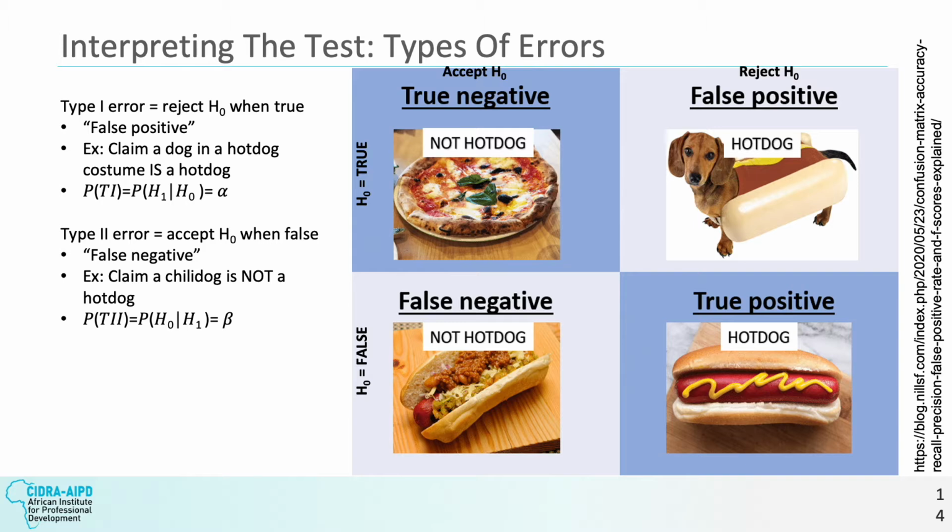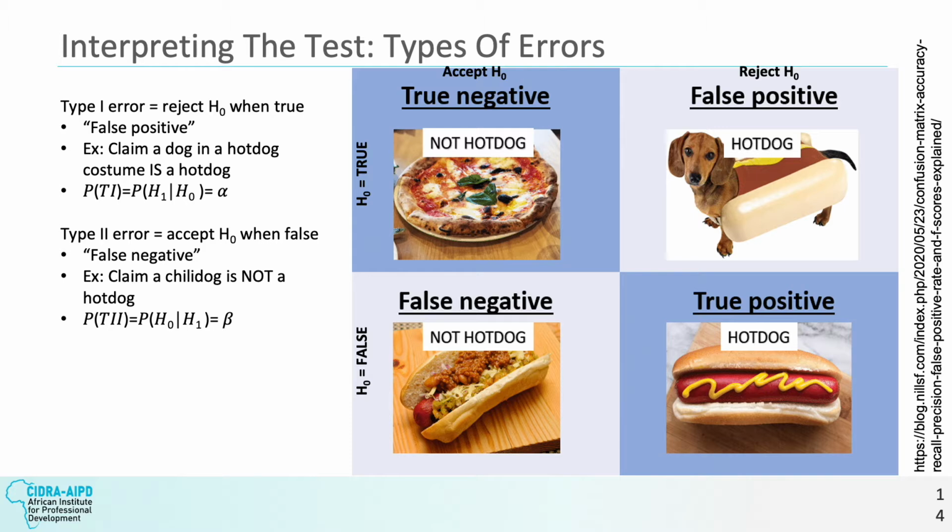For the images in the first row, we see that our null hypothesis is true, meaning neither picture is of a hot dog. Looking at the first image of the pizza, if we accept the null hypothesis because it is true and conclude that a pizza is not a hot dog, we would be correct.